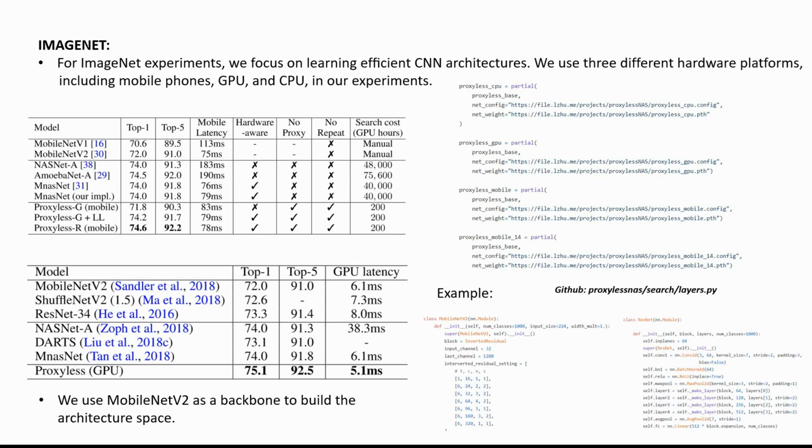In the table here, it shows that our Proxyless GPU has the least latency, which states that our model is superior to other existing models. Also, layers.py consists of the ResNet, MobileNet, and all the other modules, which are utilized to compare with our ProxylessNAS.